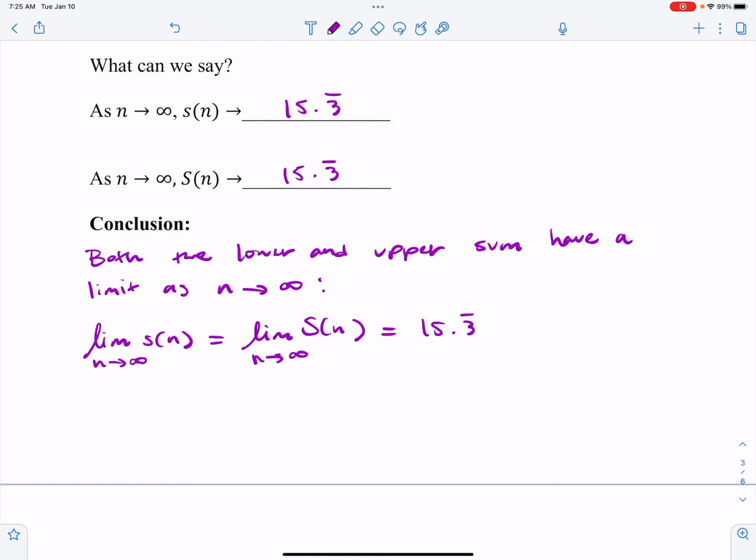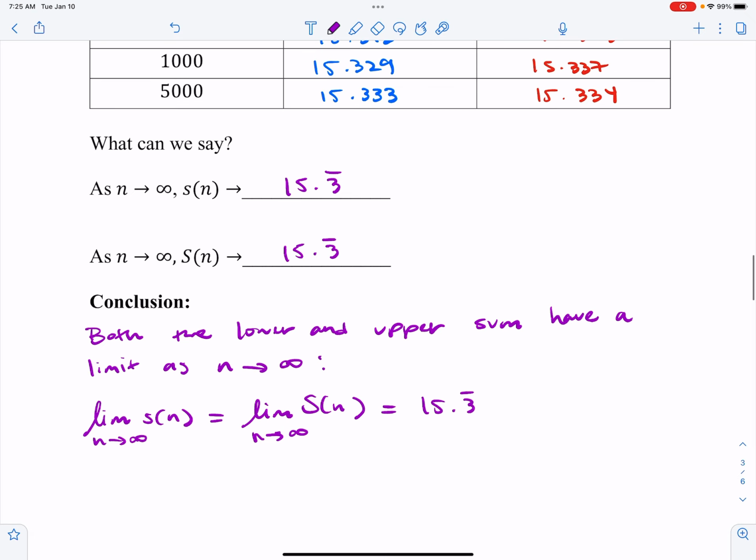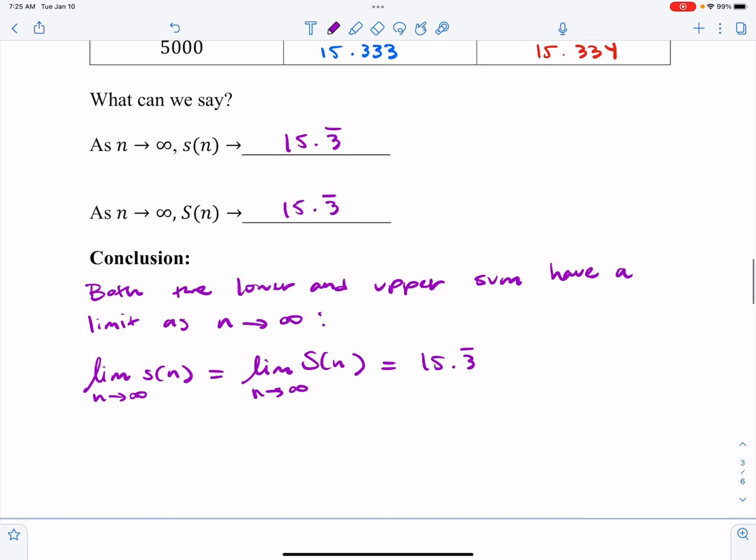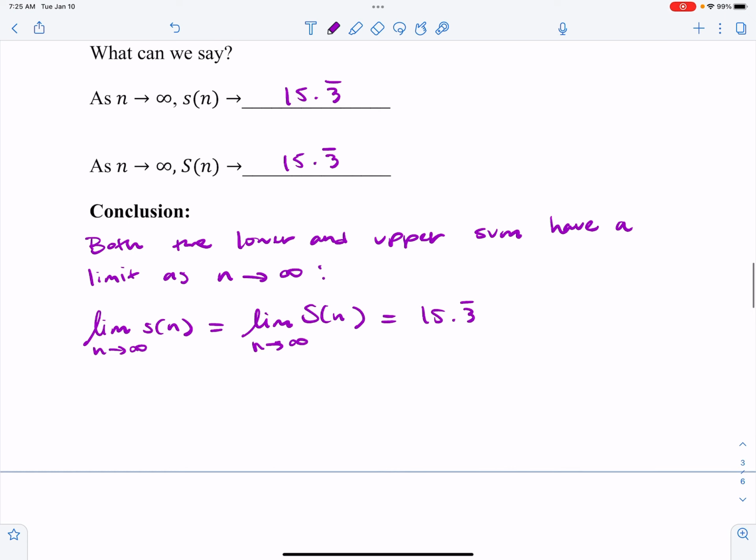What does that number represent? What are we doing with these values, right? We're thinking about adding up infinitely many rectangles in order to find the area under the curve or bounded by the curve in the x-axis on the interval from 0 to 2 in this specific case. So these limits represent the area of the region.